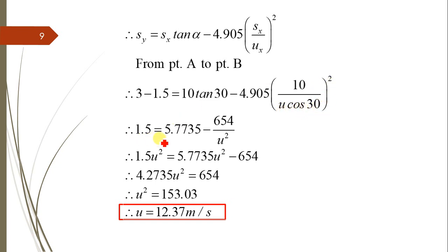Solving this, 1.5 equals 5.7735 minus 654 divided by u square. Therefore we get the equation in terms of u square, and the value of u square is 153.03. Taking the square root of both sides, finally we get u equals 12.37 meter per second.